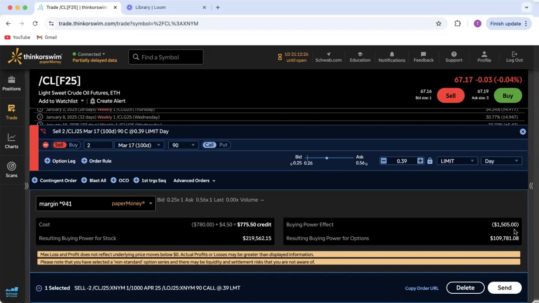So if everything else looks good on the option chain and we think this is a good trade, we go to this point where we're reviewing it and we take our credit, 775, and divide it into the BP effect of 1505. That's going to give us, in this case, 51%. Okay, 0.51. We don't want to do any trade that's less than 20%. 51 is a great trade. 20% is the minimum that we want to get.